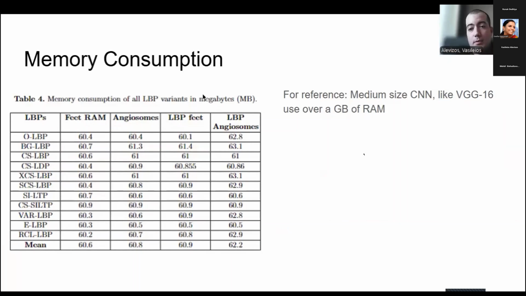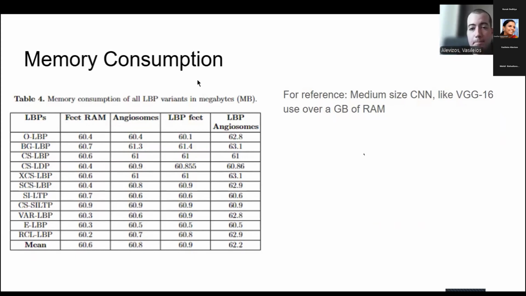The low memory consumption of RCL-LBP makes it better suited for applications where computational resources are limited, including low-computation devices. In comparison to convolutional neural networks, RCL-LBP offers faster computation with lower memory requirements, while still providing good accuracy for specific tasks.